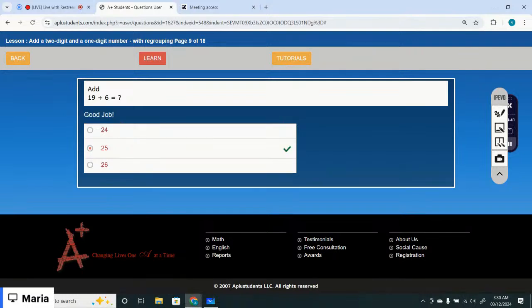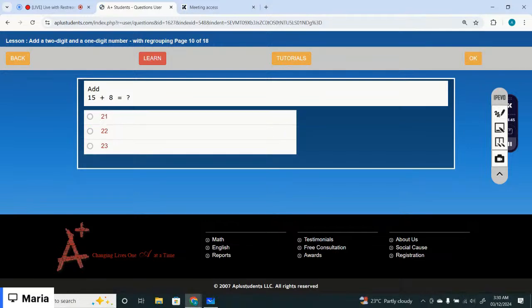Option number 2 is the correct option. 15 plus 8, which is the correct option?